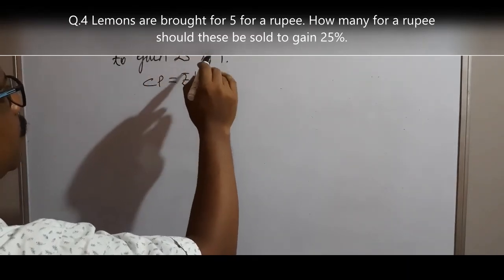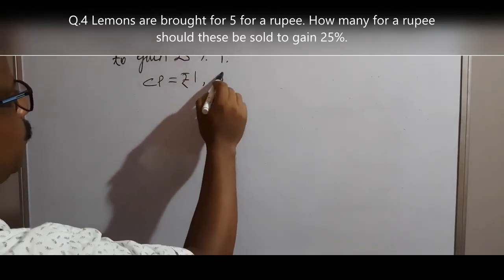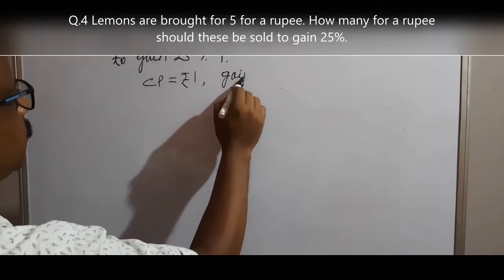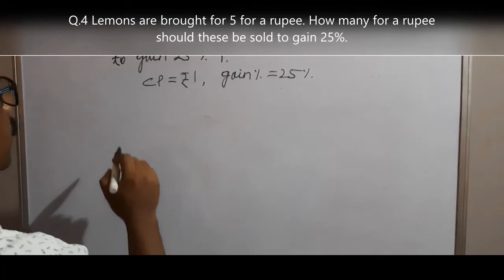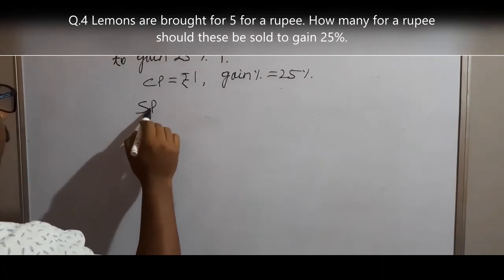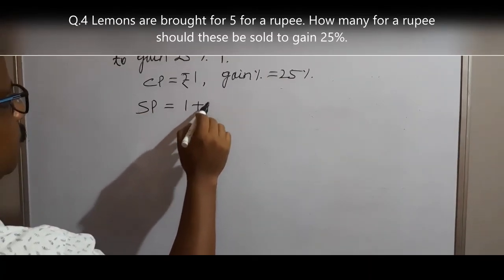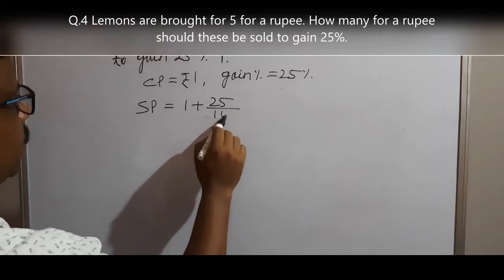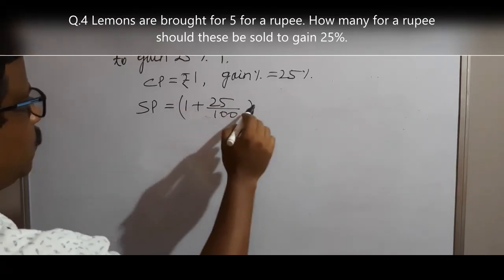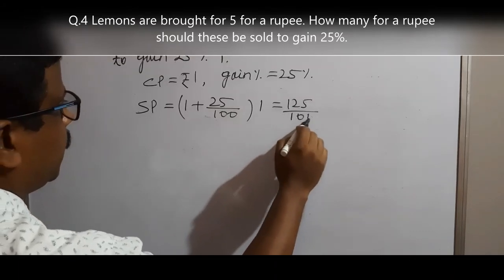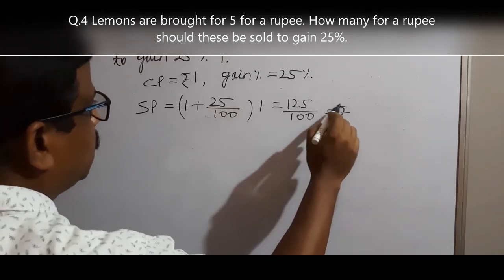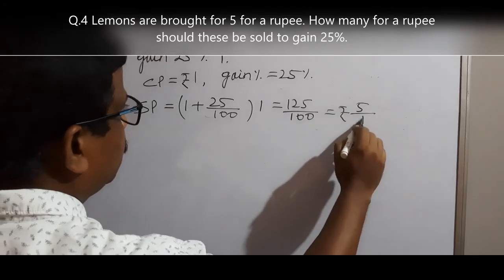How many in a rupee should be sold to gain 25%? So the gain percent is equal to 25%. So SP you find. SP is equal to 1 plus 25 by 100 into CP 1. So it will be 125 by 100. It will cancel, so it will be 5 by 4.